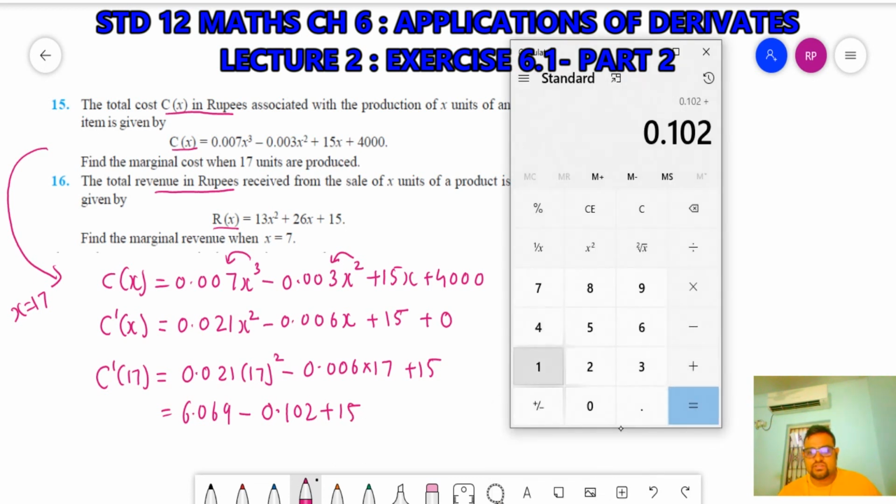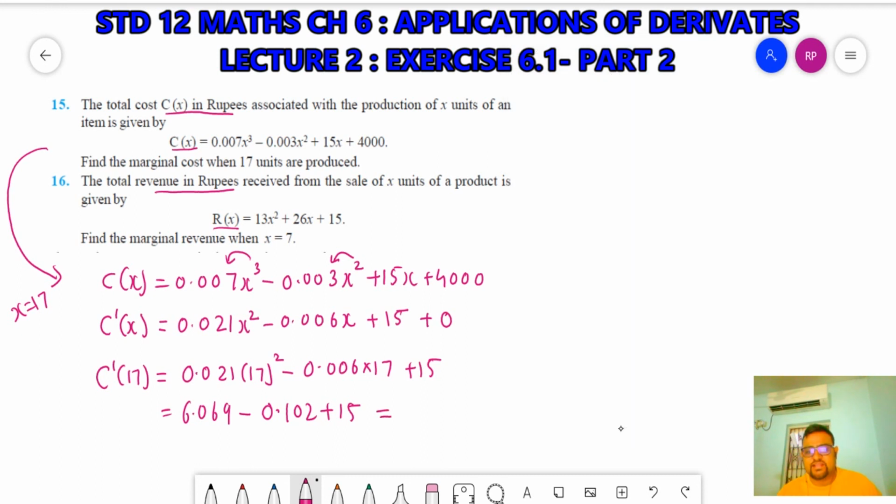So 6.069 minus 0.102 plus 15 is equal to 20.967. So the marginal cost is 20.967.